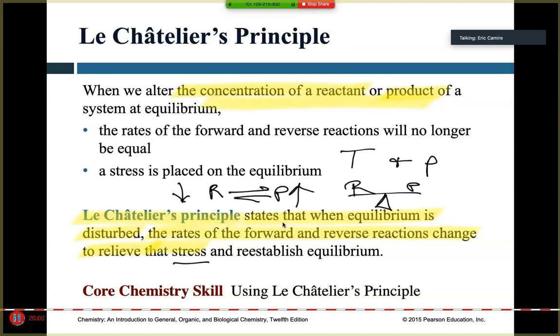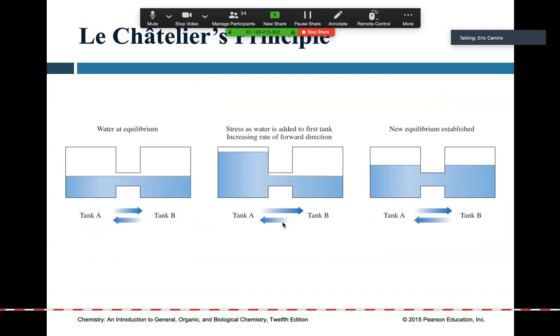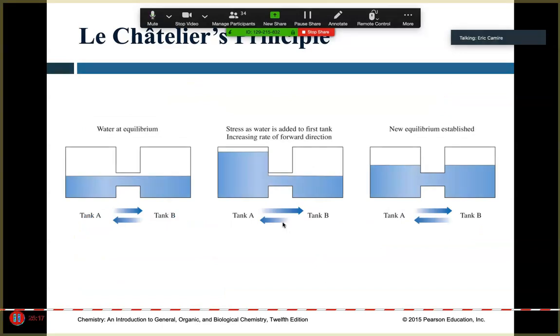So, let me show you what I mean, because sometimes words can be confusing. Pictures are sometimes easier. So we take a look here. We're going to start at equilibrium. And then in the next figure I'm going to mess with it. This is what it means by stressing the system or disturbing it. So what's the stress?